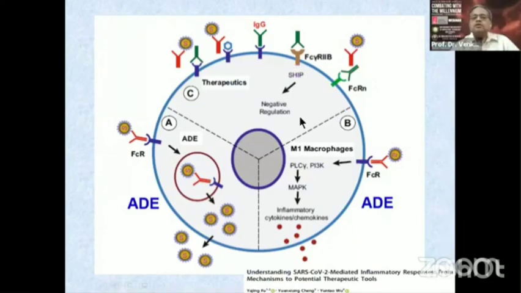But in all of these antibody mediated mechanisms, we can have ADE through the Fc receptor and through the M1 macrophages. It can cause more damage and more viral proliferation rather than eliminate the virus.